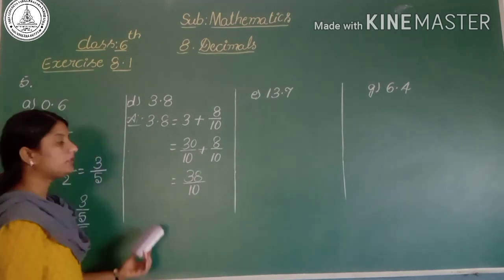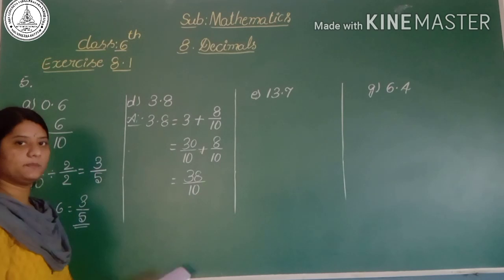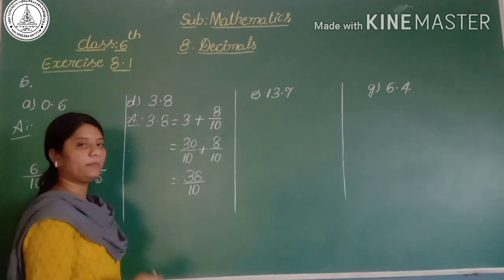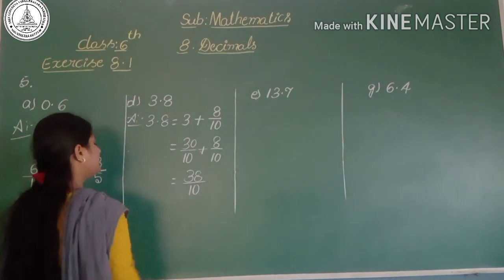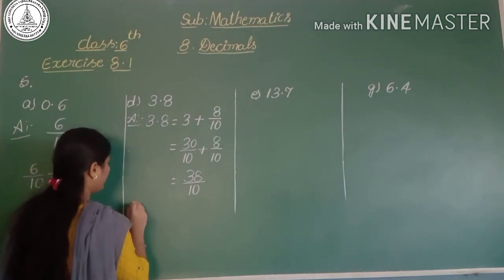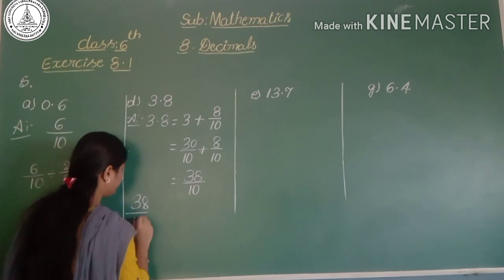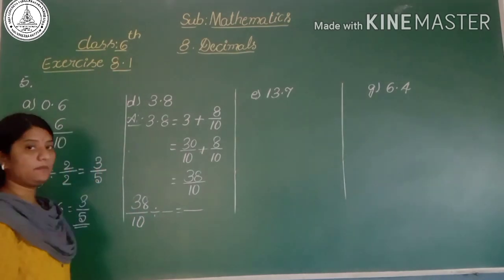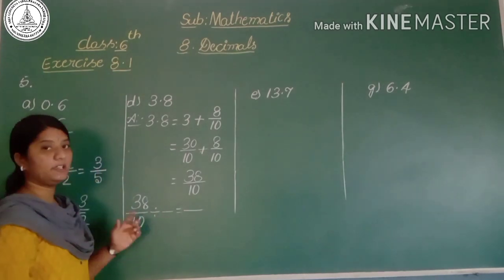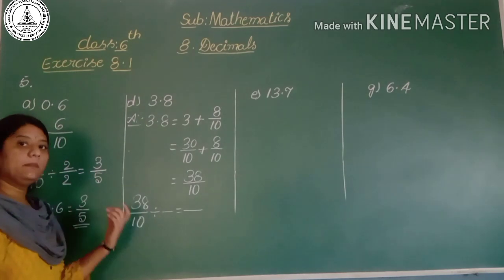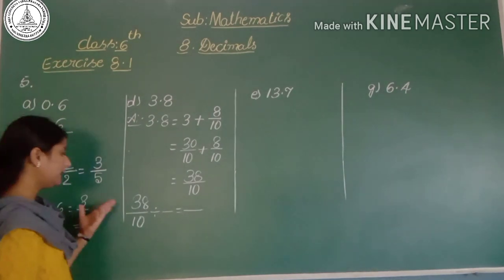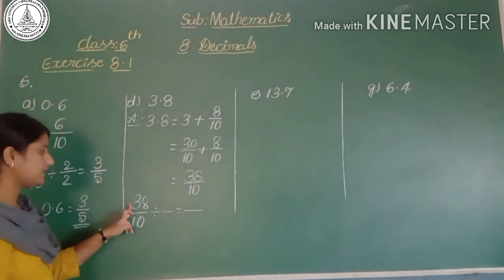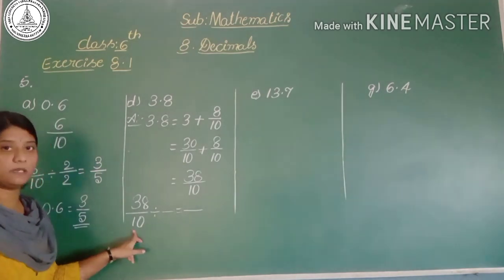Now we have to write this number in the simplest form. By dividing the numerator and denominator by the same number, we will get the simplest form. So 38 by 10. Which number divides the numerator and denominator? That is 2. 38 is divisible by 2 and 10 is also divisible by 2.